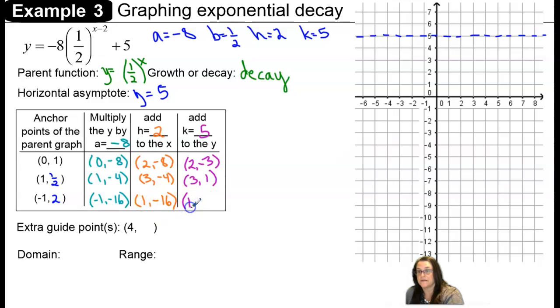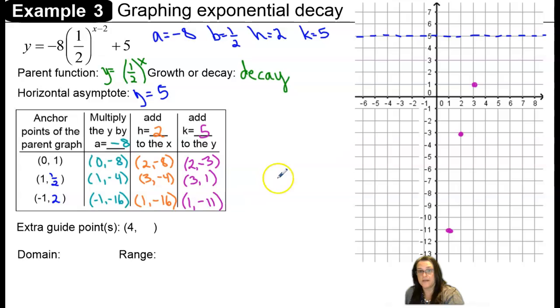And then our x stays the same, and -16 plus 5 is -11. So we'll come over to the graph of our function and plot these points: (2, -3), and then (3, 1), and (1, -11), all the way down here.